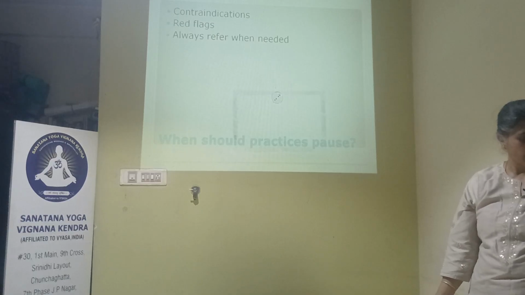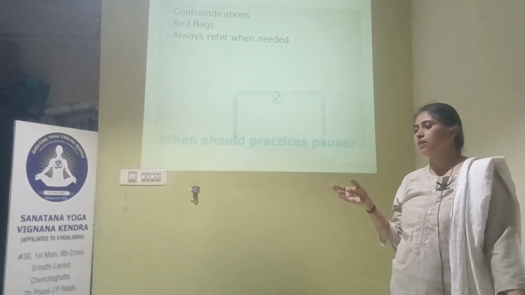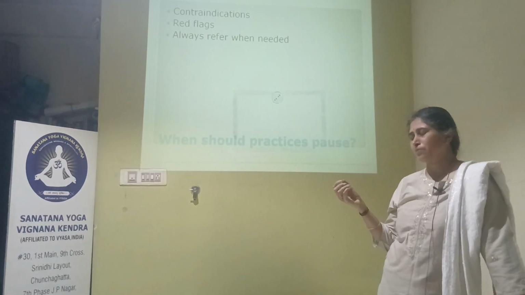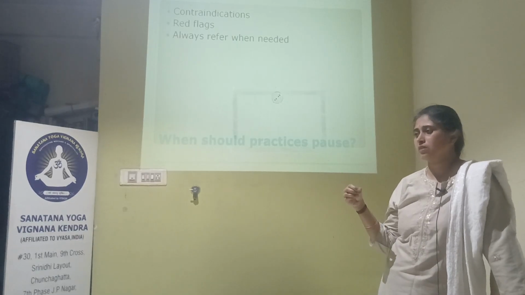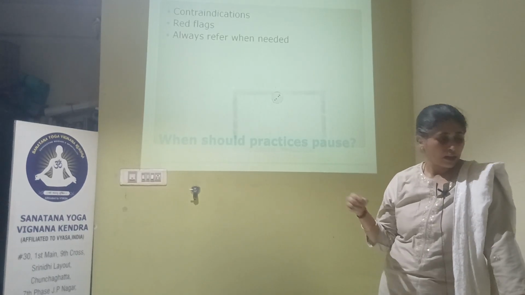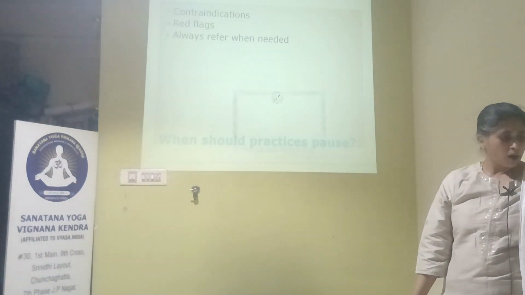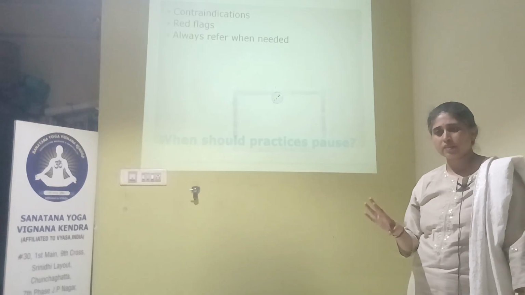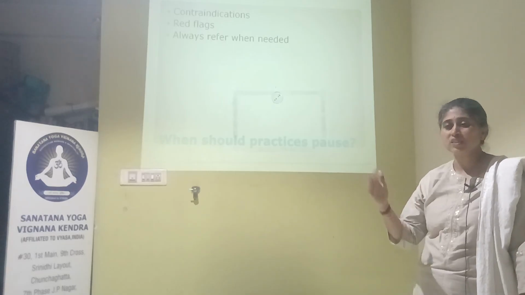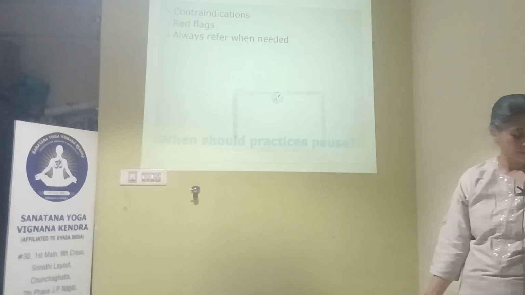So they may be undergoing some difficulty or problem like unnecessary bleeding or something else. And always refer when needed. It means when she is undergoing a practice or something else and is not comfortable, right? Next.